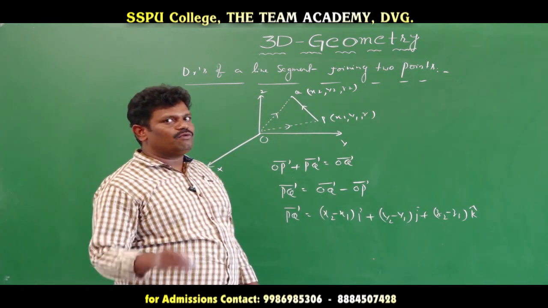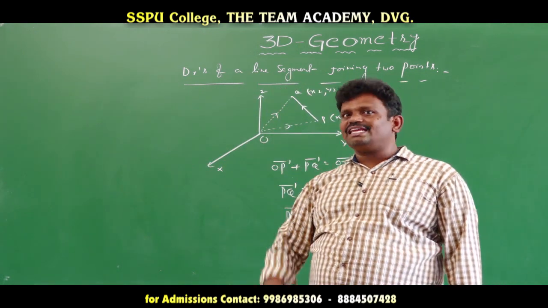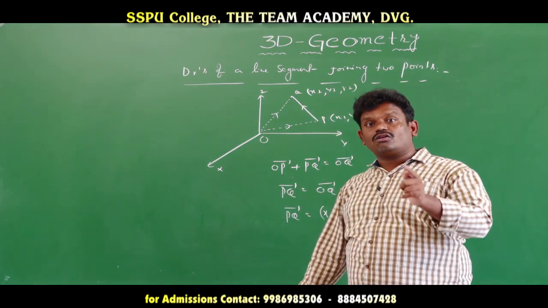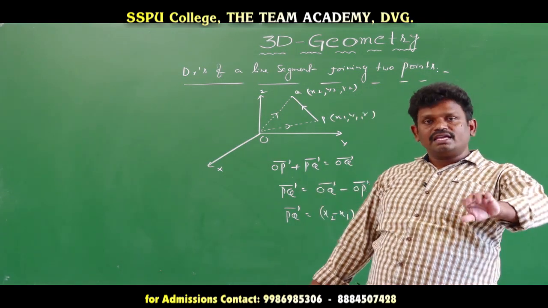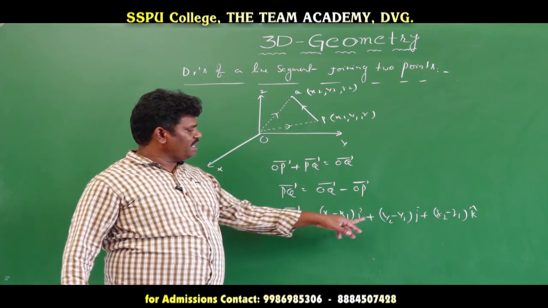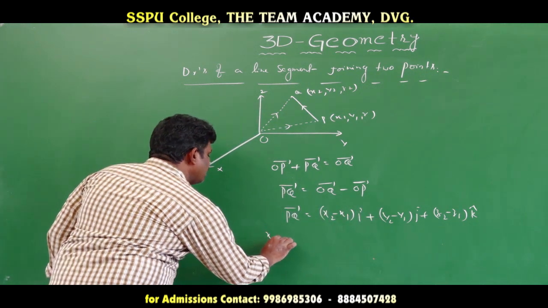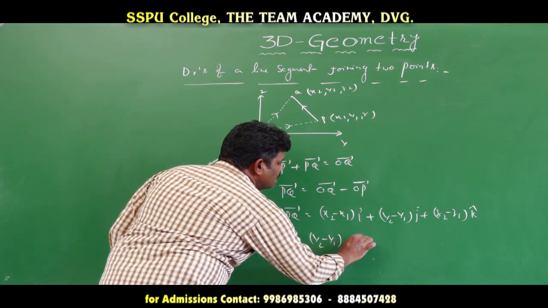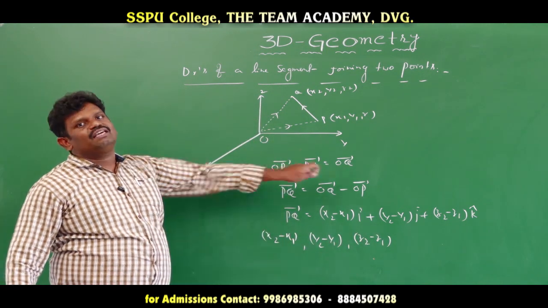Already in vectors I told you: A bar is equal to A1 i cap plus A2 j cap plus A3 k cap. In that vector, the scalar components represent the direction ratios of the given vector. Here also, same: PQ bar is equal to (x2 minus x1) i cap, (y2 minus y1) j cap, (z2 minus z1) k cap. So these scalar components, x2 minus x1, y2 minus y1 and z2 minus z1, are called direction ratios of the given line segment.